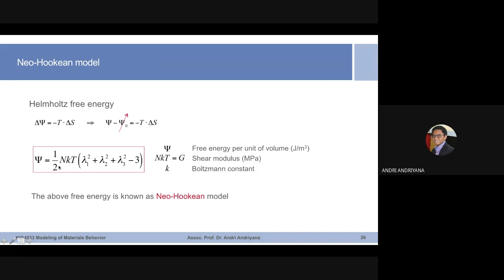K is the Boltzmann constant, and T is absolute temperature in Kelvin. The term NKT corresponds to the shear modulus. This is the shear modulus of rubber materials according to the Neo-Hookean model. So the above free energy is known as the Neo-Hookean model.